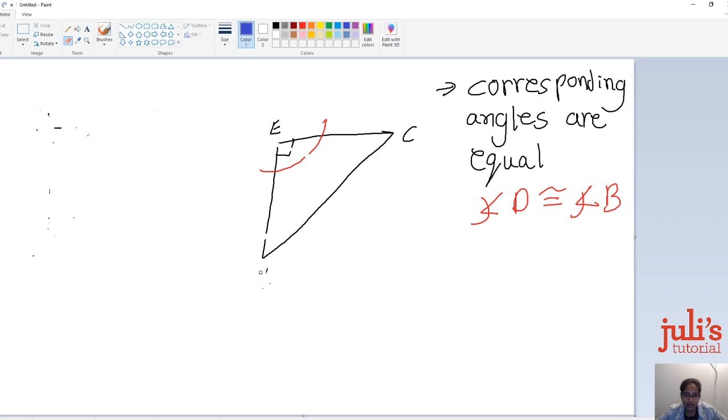Because if you can't figure that out, you won't be able to tell whether them being equal and having the same measurement matters. If they're not corresponding, it doesn't really matter. You have to figure out if they're corresponding first. And sometimes it's hard because sometimes they draw the two triangles differently.